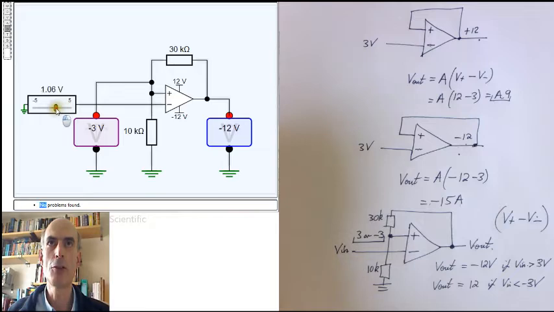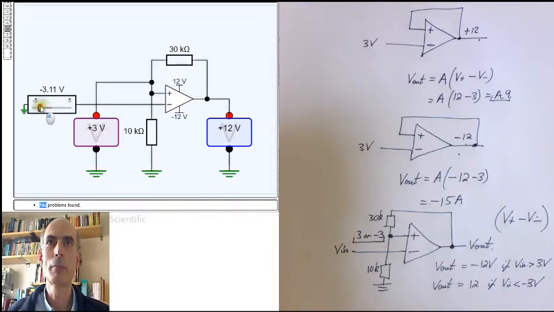And if I go back to 0, it will remain quite happily at minus 12 volts, and it will stay there until the input gets down below minus 3 volts, at which point the inverting input will be below the non-inverting input, and then the op-amp will go into positive saturation again.